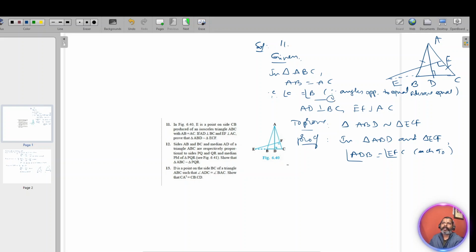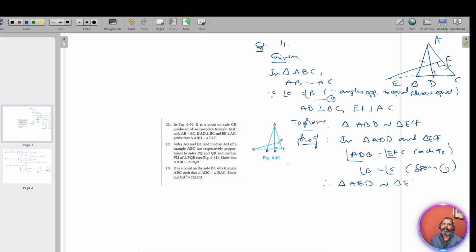We call this 1. In ABD, angle B is there; in EFC, angle C is there. B equal to C from the earlier result. Two similarity conditions, the AA criteria, have come. We are done with the question.